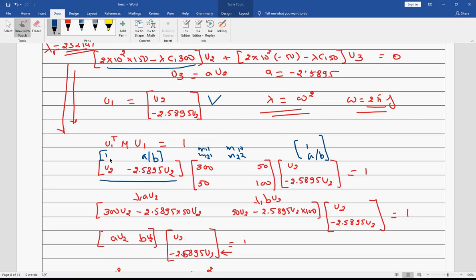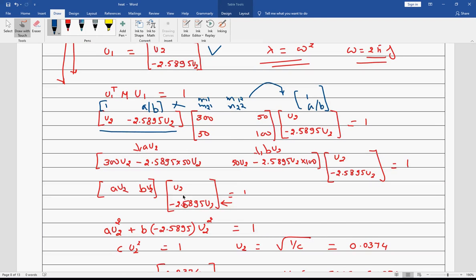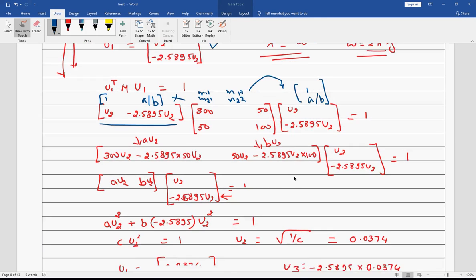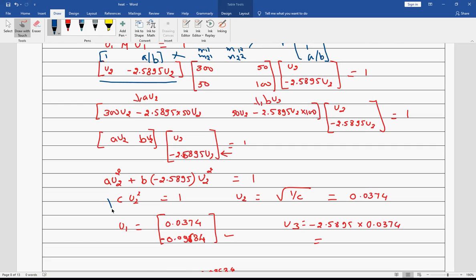And now whatever results come after multiplication, you multiply this and you will get some value. Okay, that value here in this case is this c. Okay, c into this u square. So basically u is common, so we are not taking it in the program. So this is u square. So what is u? u is under root of 1 by c. So in this way you can find out u2.